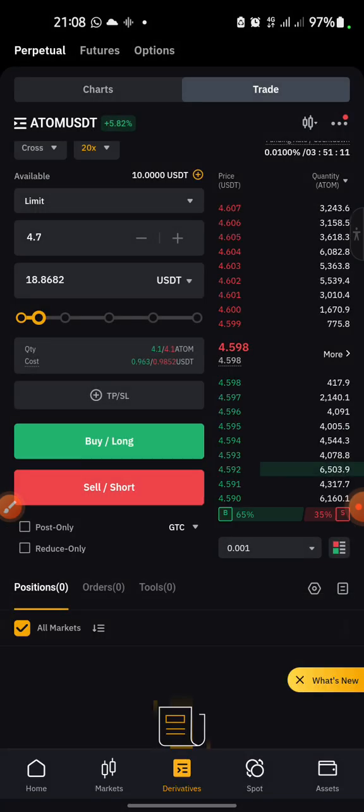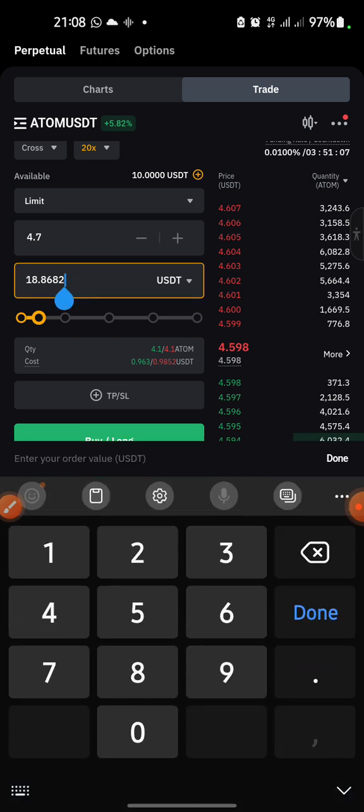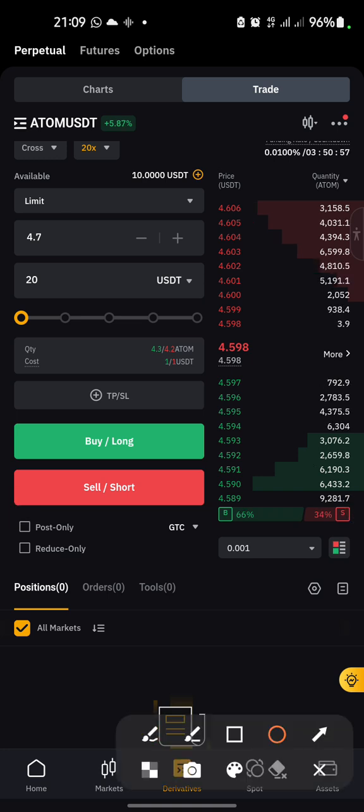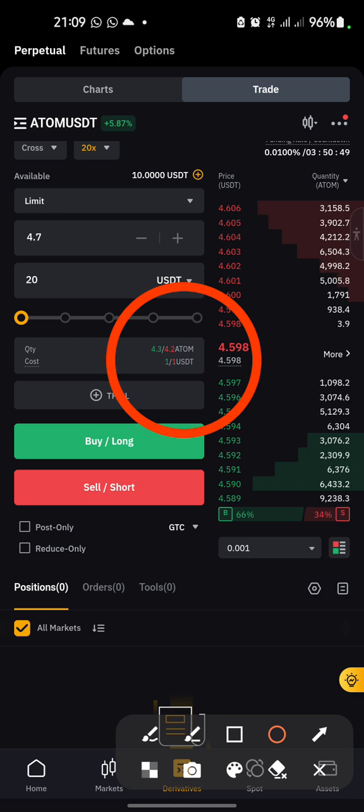So you go to Atom USDT. So you see, our 20, our 10%, the 20x. So click on 20, as you can see. If you look here clearly, with our 20 USDT here, we have quantity. Don't be bothered about the Atom.